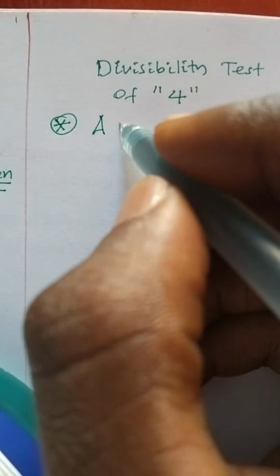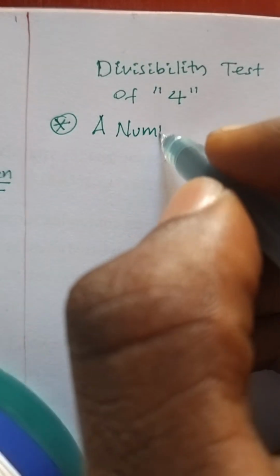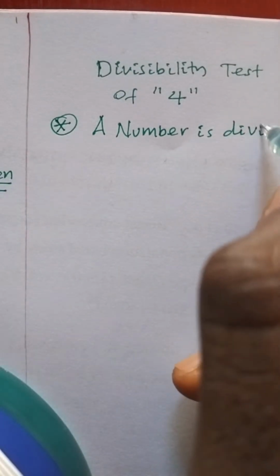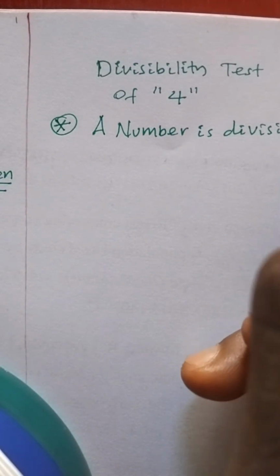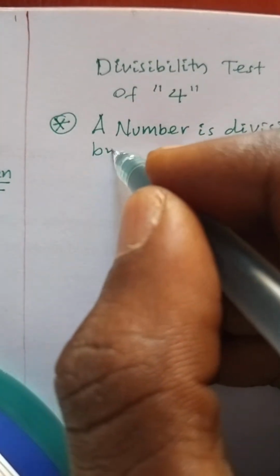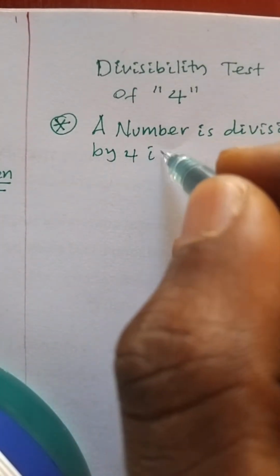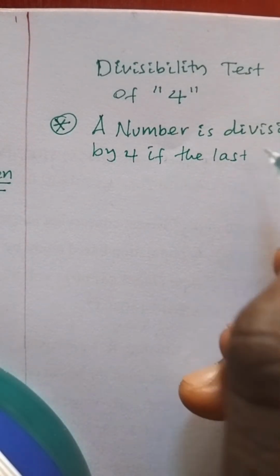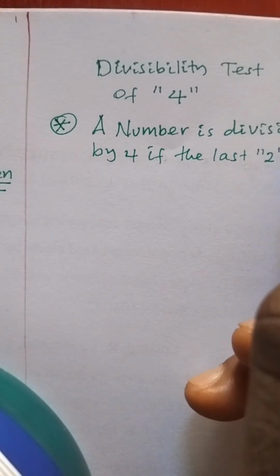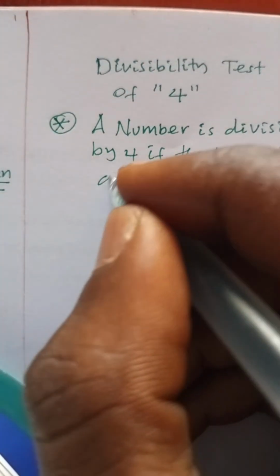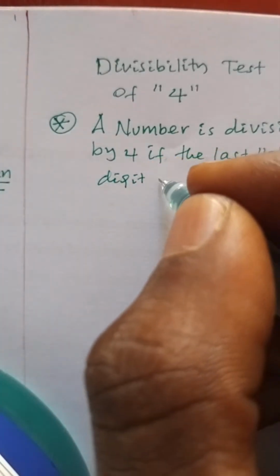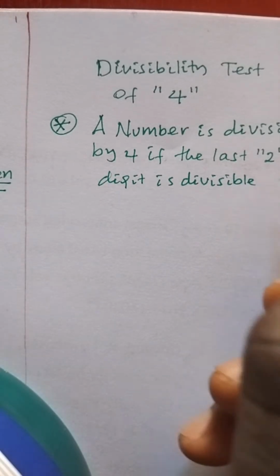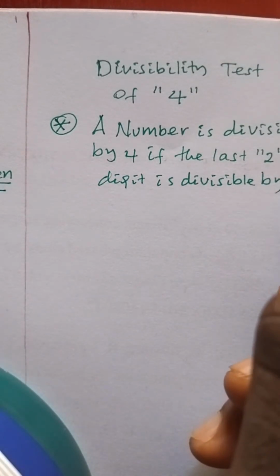a number is divisible by 4 if the last two digits are divisible by 4.